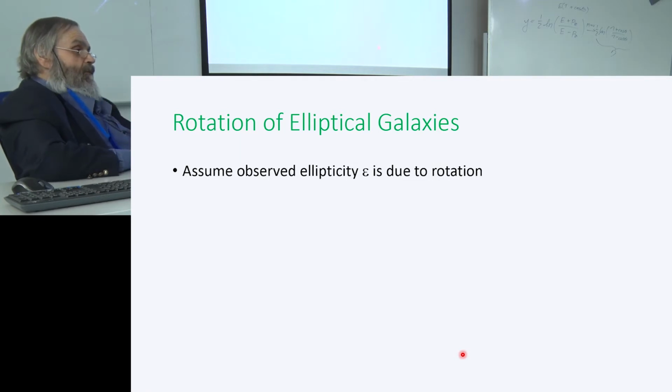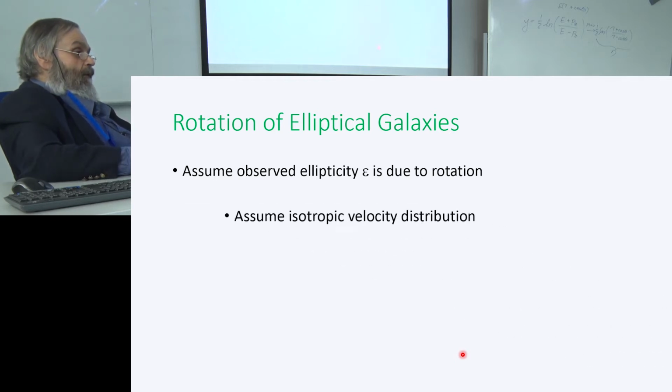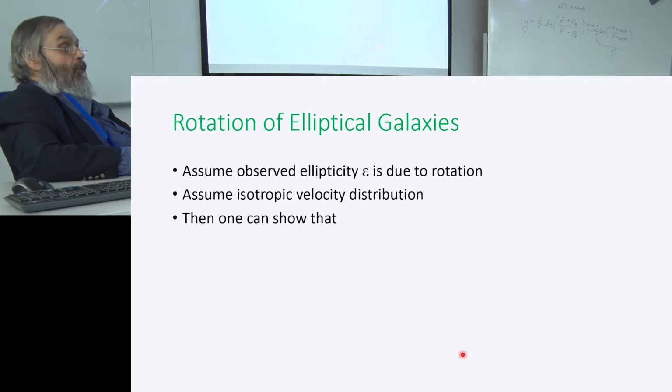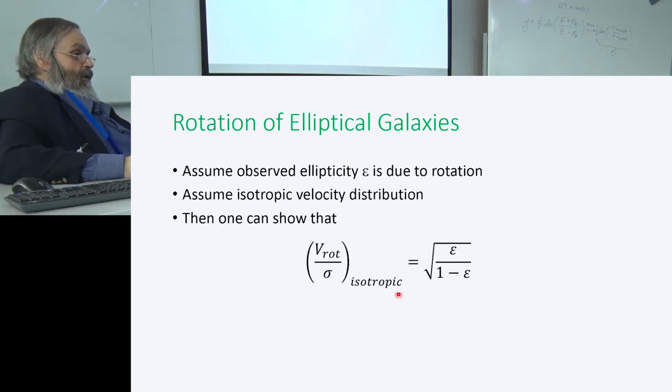Now, if you assume that the observed ellipticity is due to rotation, and there's an isotropic velocity dispersion, then one can show, I'm not going to do that, that the rotational velocity over the dispersion is related to the eccentricity of the velocity field, of the stellar distribution. It's the square root of epsilon on 1 minus epsilon.